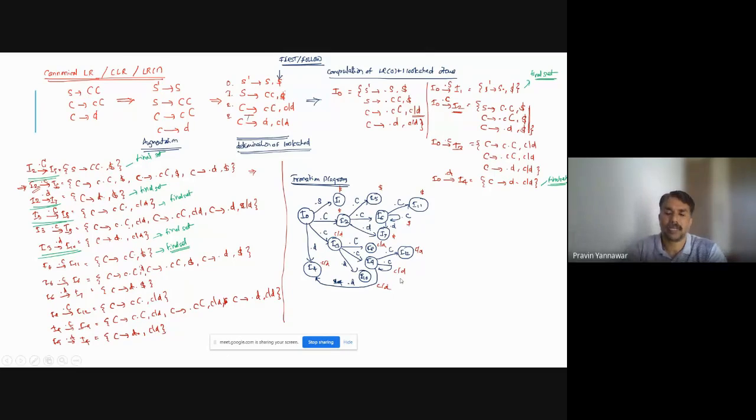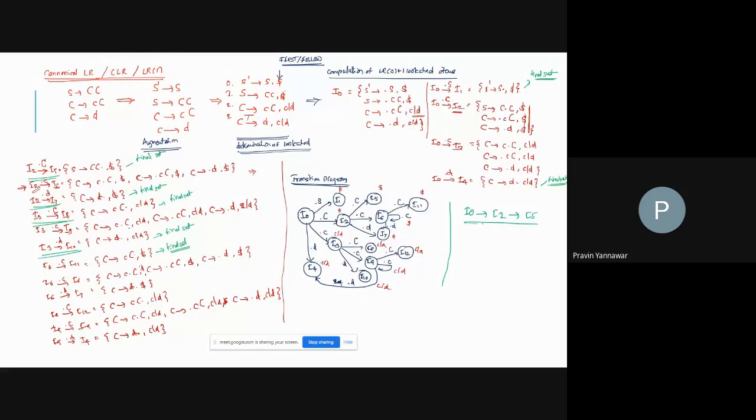A clear representation of when to call for reduce, right? So if you look at this particular path now, just for discussion purposes, let us take a path, say I0, I2, I5.